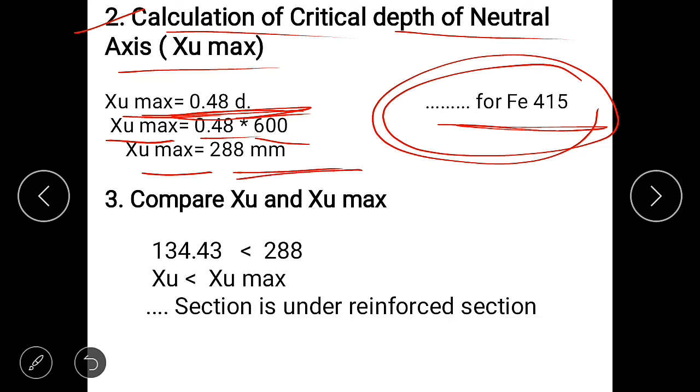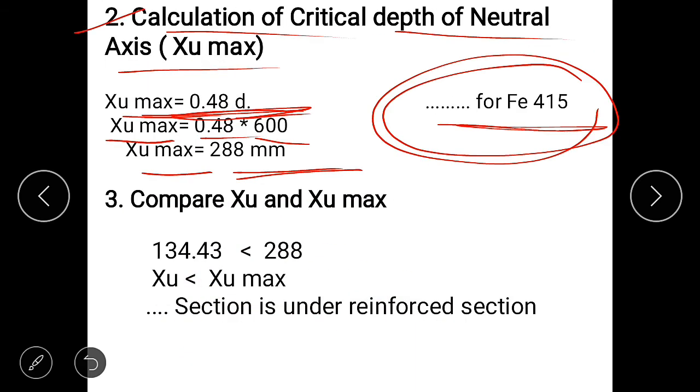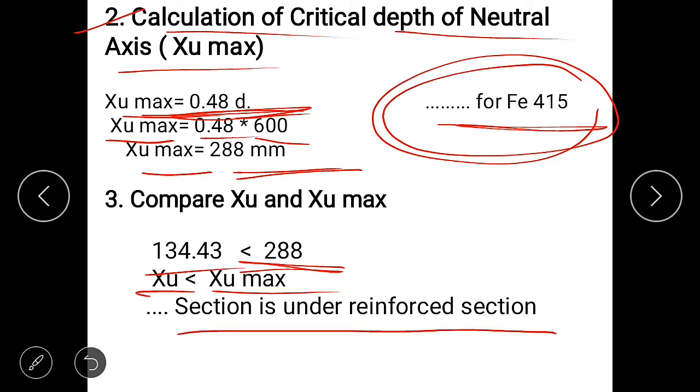Here XU max is 288 mm and XU is 134.43. So 288 is greater, and 134.43 is smaller than 288. So XU is smaller than XU max. So the section is considered an under reinforced section. Okay, so here we consider the section as under reinforced.